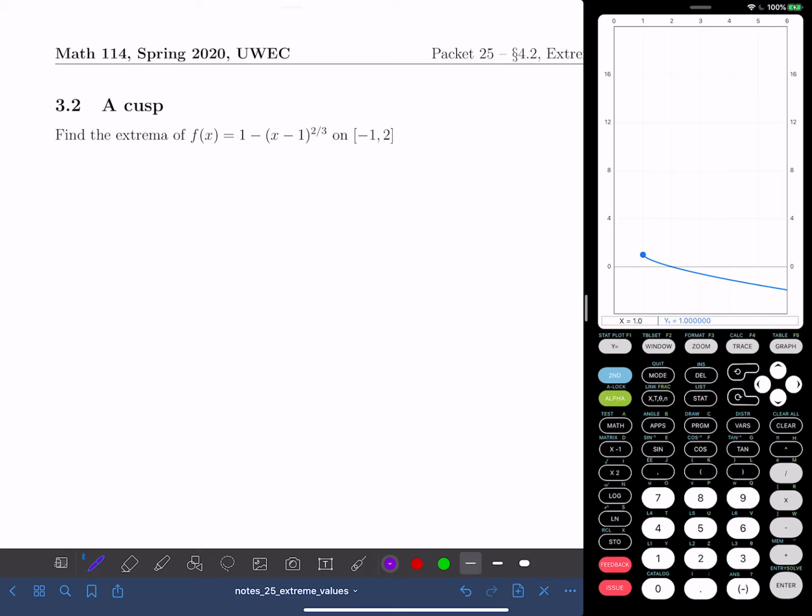We're on -1 to 2. What did I do wrong? This should always be defined. Why does this calculator seem to stop at 1? Okay, so if I put in something less than 1, oh, then it's split, isn't it?